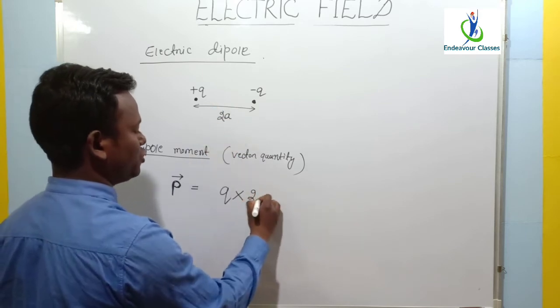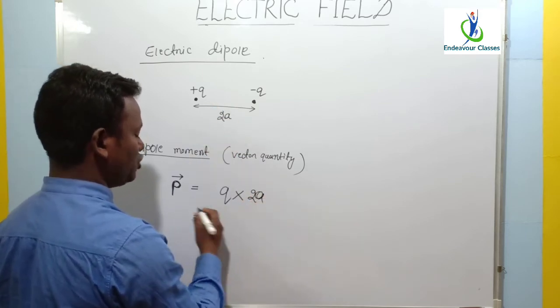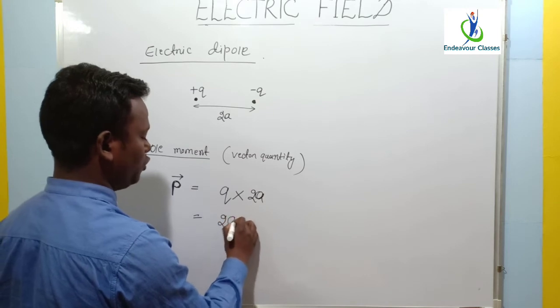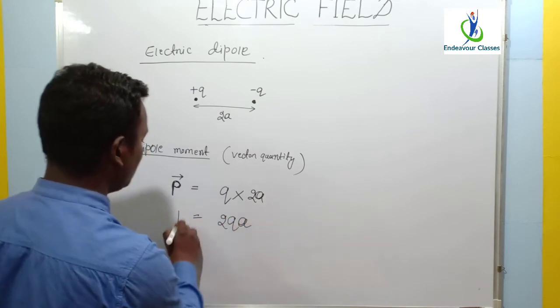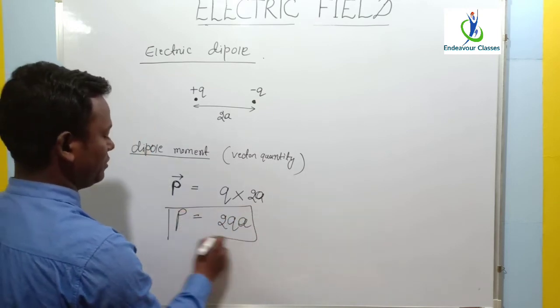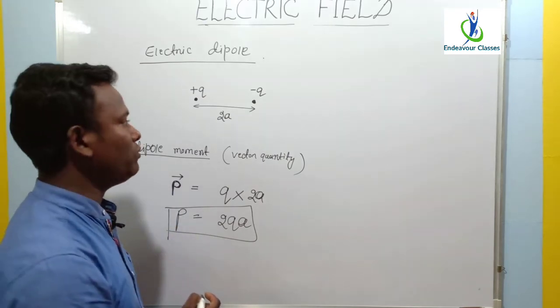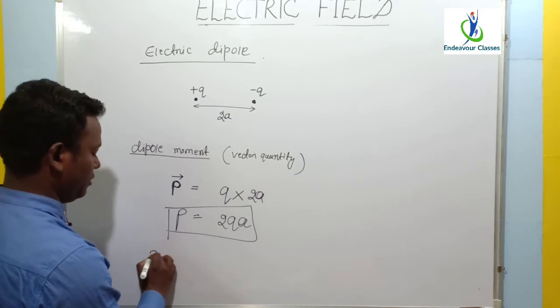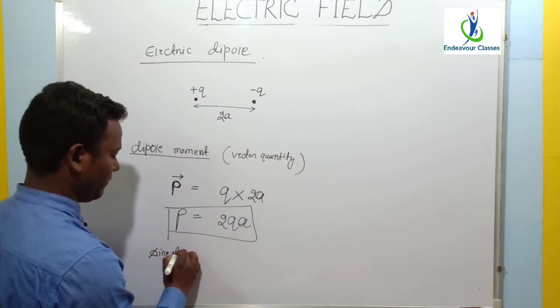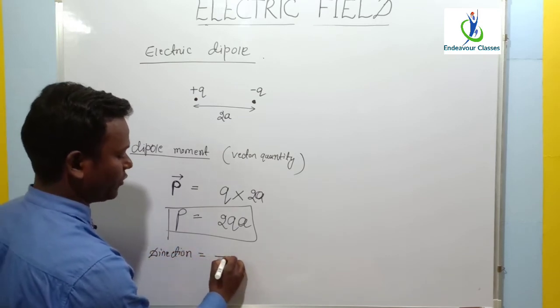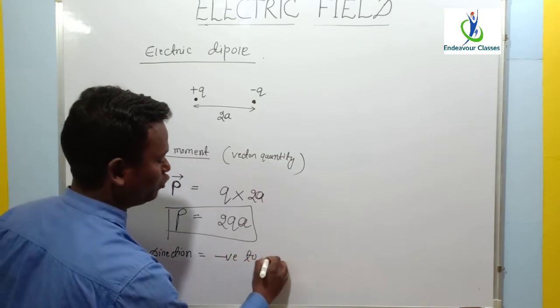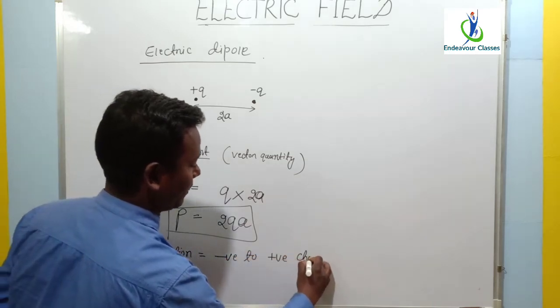Here the distance is 2a, so the magnitude of the dipole moment is 2qa. This is the magnitude, and the direction is from negative to positive charge. Remember, the direction of the dipole moment is always from negative to positive charge.